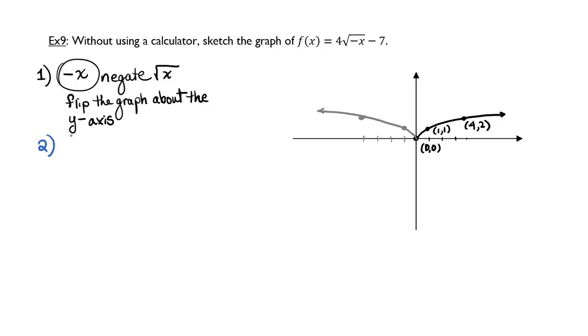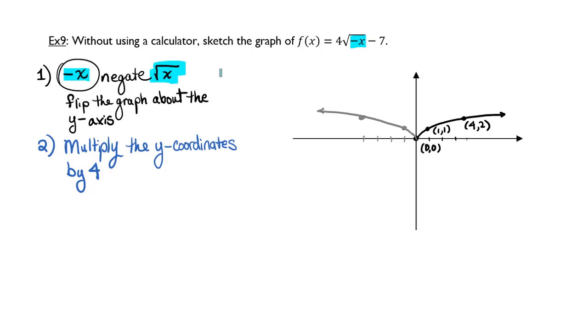So we always work our way from the inside to the outside using order of operations. So multiply the y coordinates by 4. So first, we negated the square root of x, and that flipped it about the y-axis.